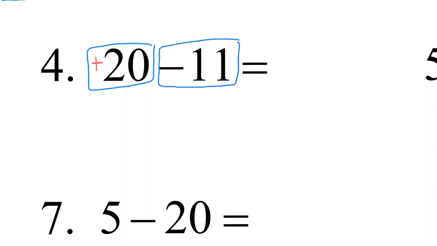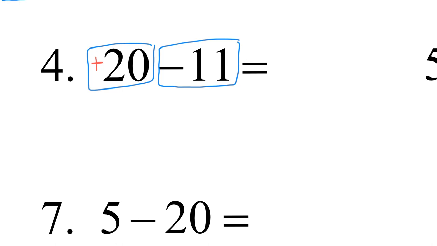So notice the two numbers. One is a positive and one is a negative. So when you have different signs, you subtract the numbers, and you always subtract biggest number minus smallest number. That's how you subtract, biggest minus smallest number. So 20 minus 11 is 9. So let me put the 9 right here.